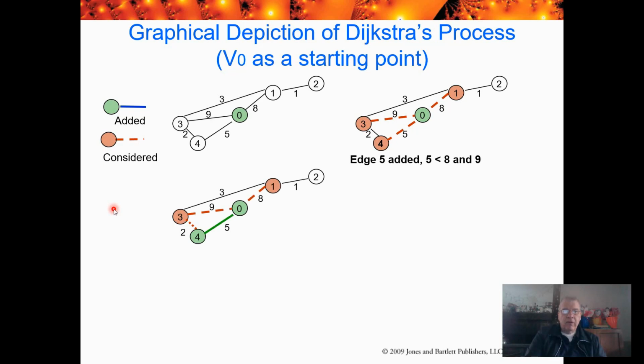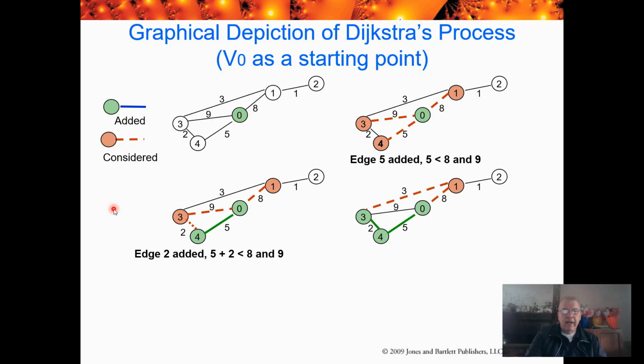Same as Prim's. And then we look at all the incident edges, again, just like Prim's. But now we add edge 2, just like Prim's, but for a different reason. We add edge 2 because 2 plus 5 is less than 8 and it's less than 9. So it's the shortest total path back to vertex 0.